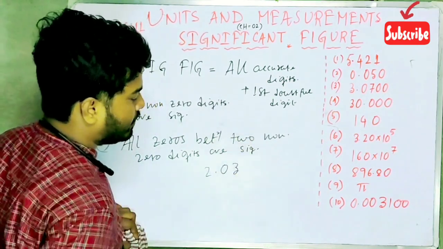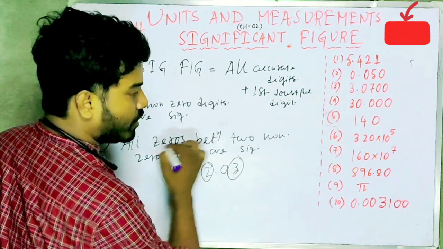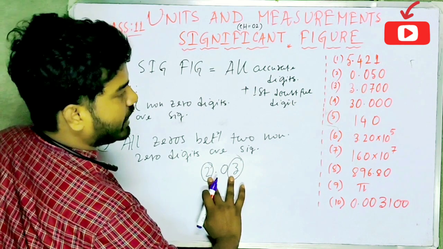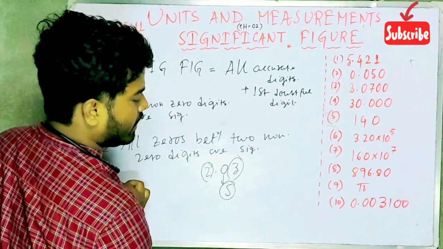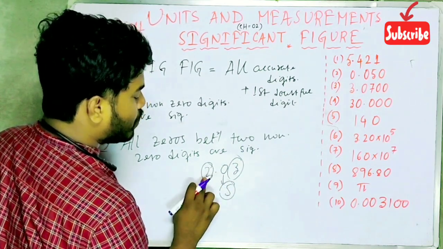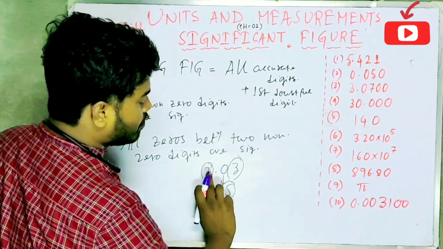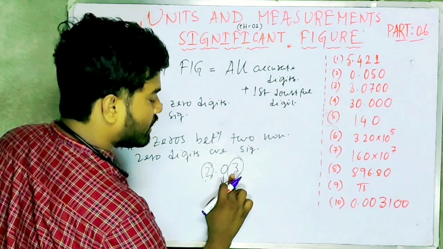Suppose 2.03. Here 2 is non-zero, 3 is a non-zero digit, and this 0 is in between 2 and 3. So this 0 will be significant. And what will be the significant figures here? 2 is non-zero, significant. This 0 is placed between 2 non-zero digits, that is also significant. 3 is also a non-zero digit, that is significant.